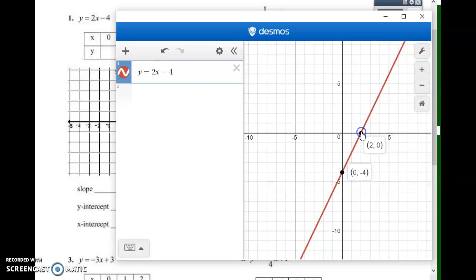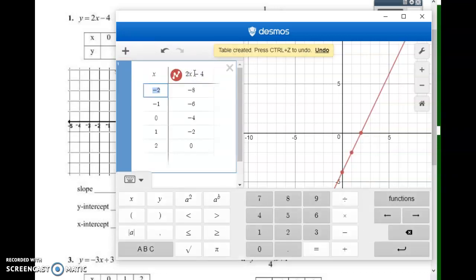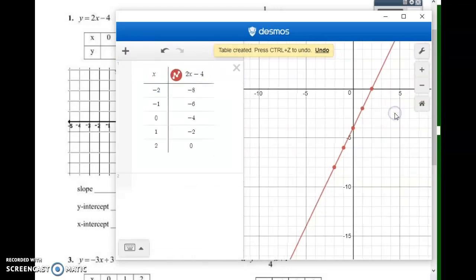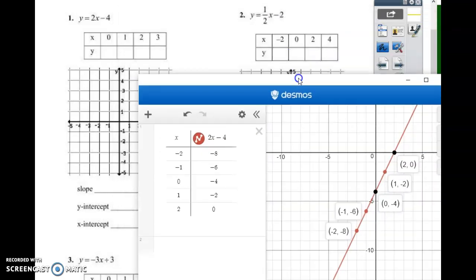You can even touch the x and the y-intercept, okay? And if you hit this little gear button, everybody find this button. If you hit it, you can open up the table for that equation. So open up the table for that equation, and then more points just pop up, okay? But you don't need all the points. You just need the x-intercept and the y-intercept. But you do need the points to add them to your table.